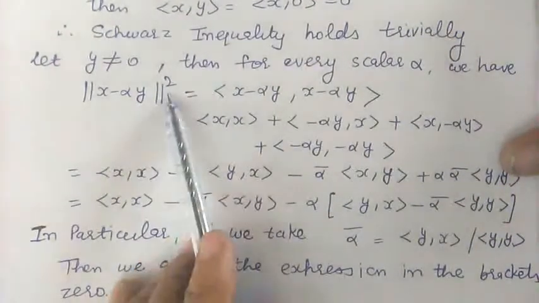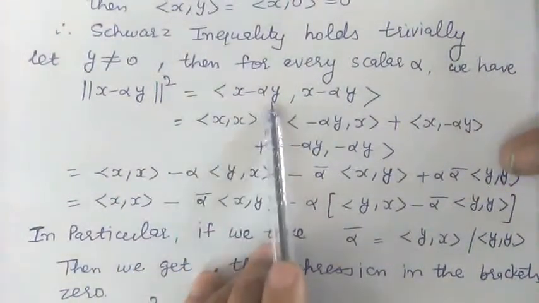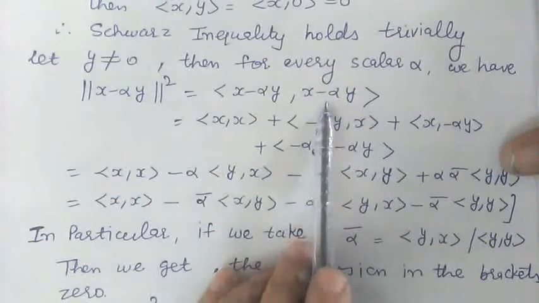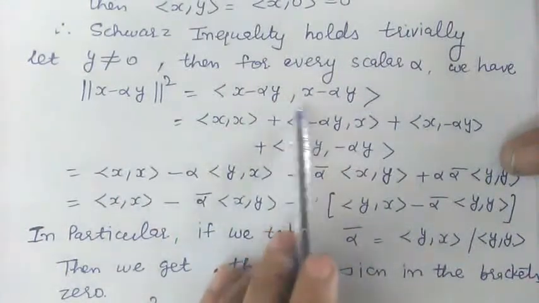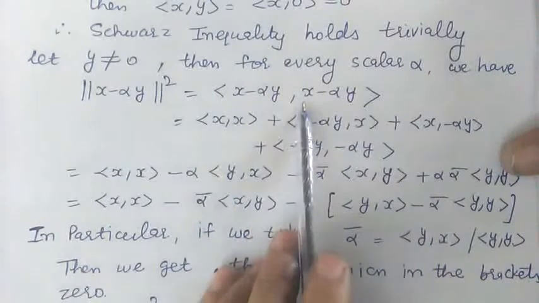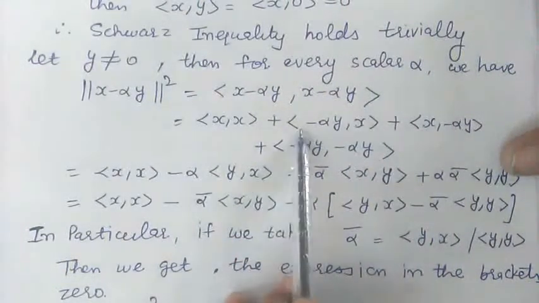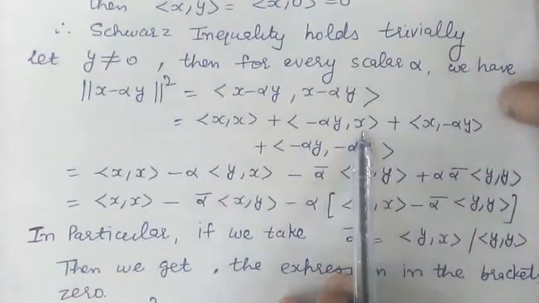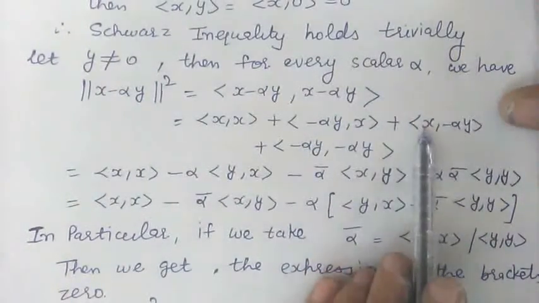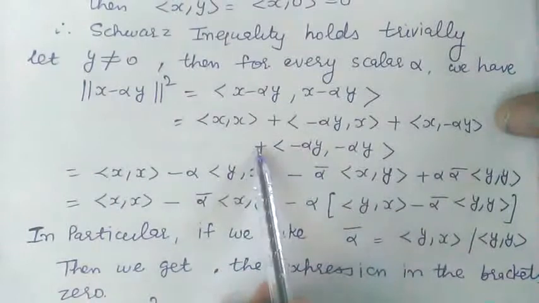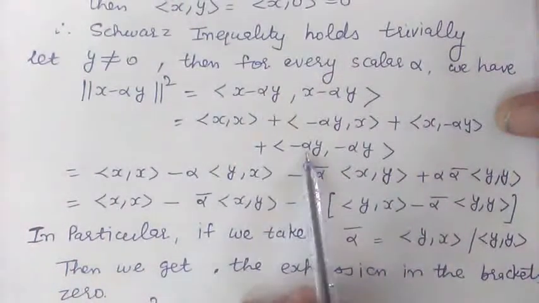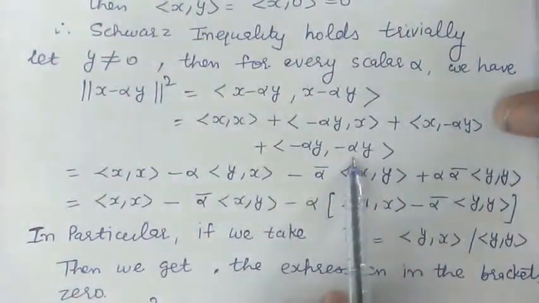So the norm square of x minus alpha y means the inner product of x minus alpha y with itself. Now by using the properties of inner product, this will become the inner product of x with x plus the inner product of minus alpha y with x plus the inner product of x with minus alpha y plus the inner product of minus alpha y with minus alpha y.